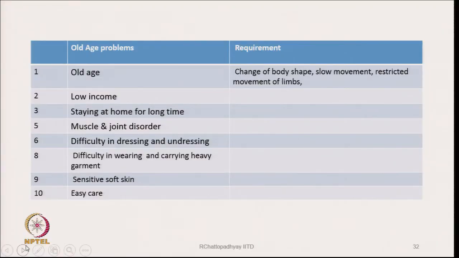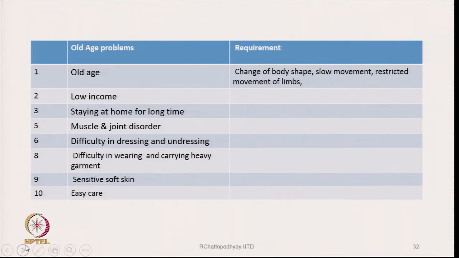In old age, what happens? Change of body shape, the movement becomes slow and there is restricted movement of limbs. People cannot move their limbs very fast. All of us have seen the old people in front of us, and if you study them, you will see that body shape generally changes, some of them become bent, their movements become slow, and their limbs do not move fast.